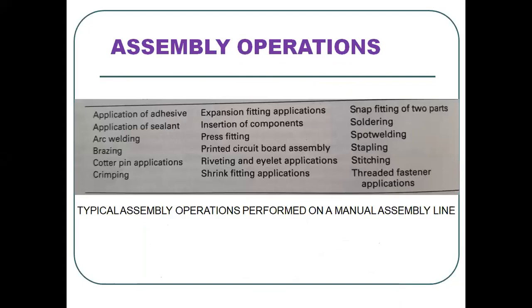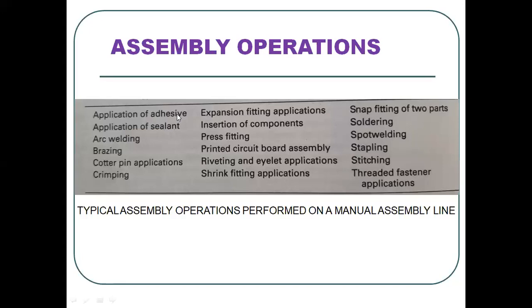Now, what are the operations that will be considered assembly? It's not just a combination of two parts. Combination through what means? Is it temporary or permanent? That is another factor. All these are assembly operations.